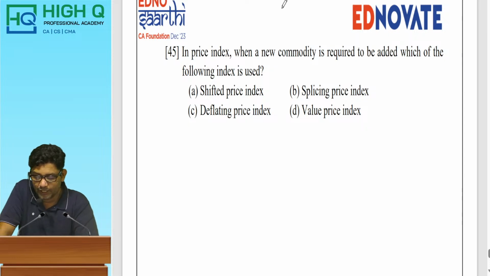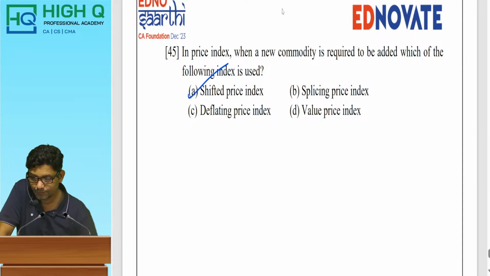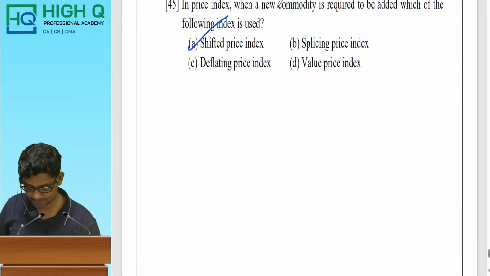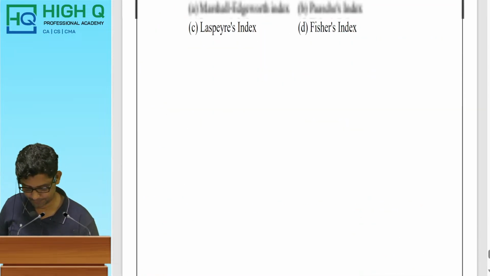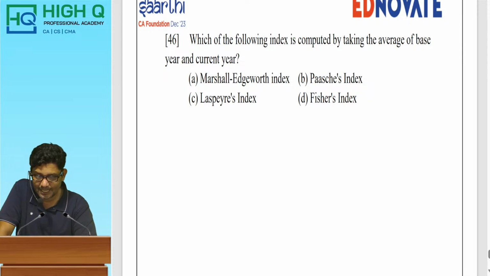Now in a price index, when a new commodity is required to be added, which of the following indices is used? Shifted price. Value price. Which of the following indices is computed by taking the average of base year and current year?